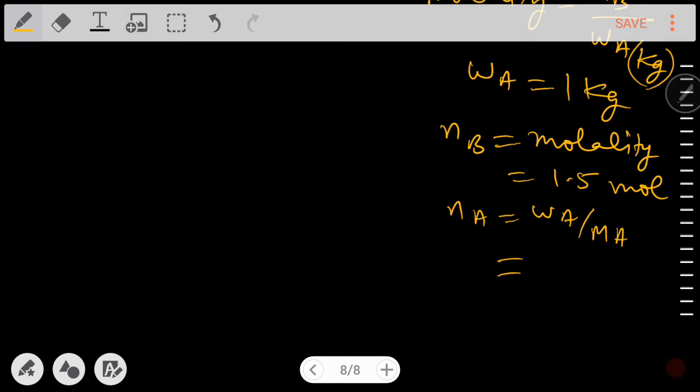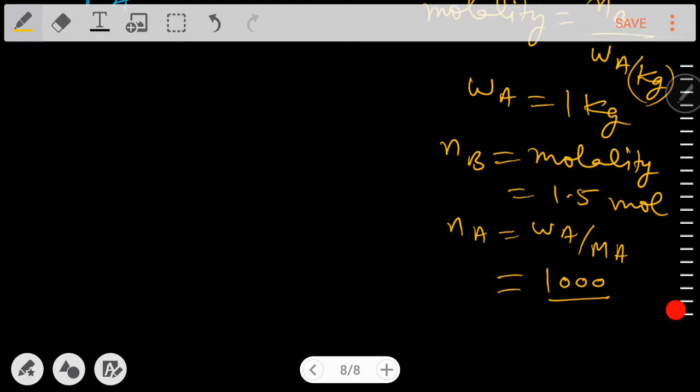Wa we have assumed in the solution as 1 kg means 1000 gram upon molar mass. Here the solvent is benzene, so molar mass of benzene will be 78. So 1000 upon 78 is the number of mole of solvent present here. On solving you will get 12.82 mole.